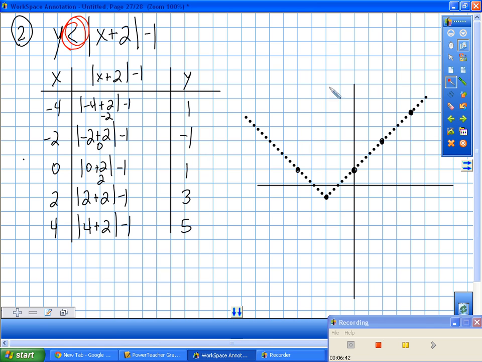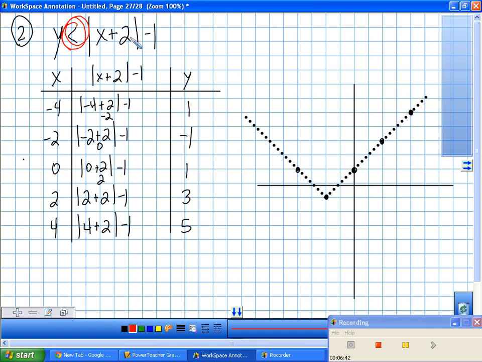Well, if we look at our function, we have additional work outside of the absolute value function. So if we were to only have absolute values, then all of our responses would have to be positive. But since we are doing extra subtraction after the absolute value, it is feasible for us to come up with a negative number. So that's okay.